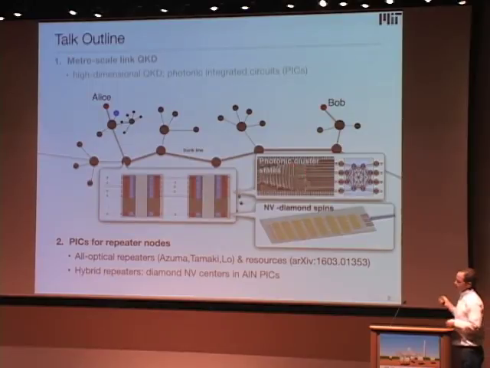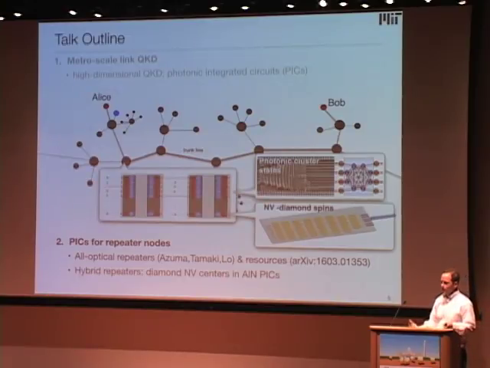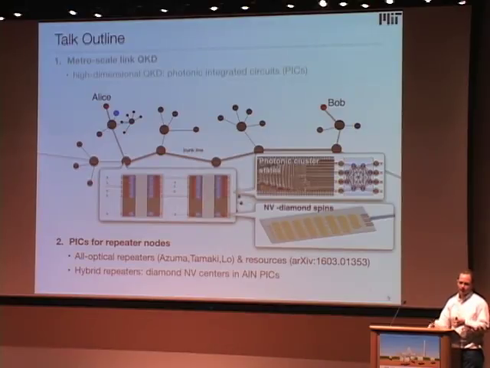And we've done some calculations that we'll report on here on what the resource costs are to build a cluster state that's sufficiently large that it can beat the repeaterless quantum comm bounds that we've already heard about earlier today.